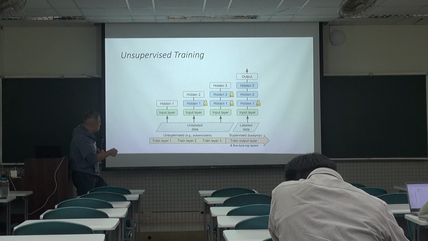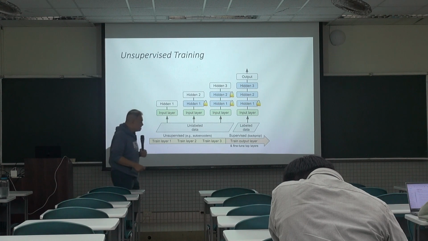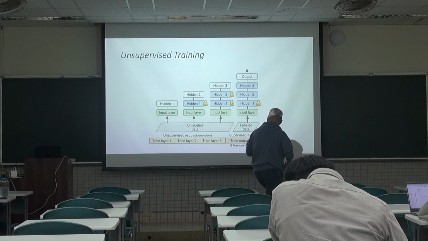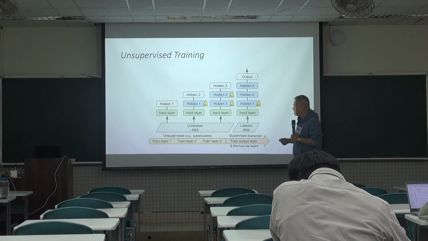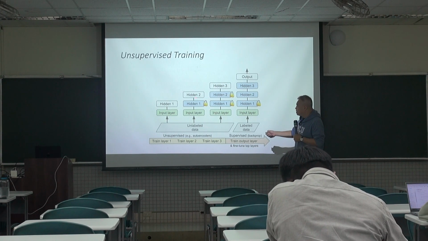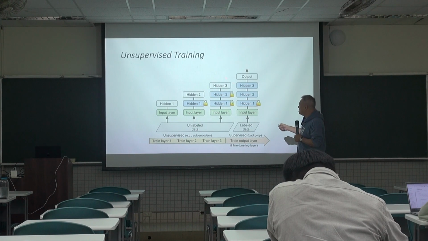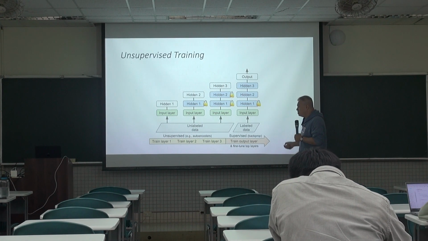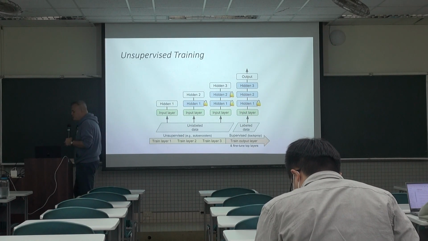After you finish training, when you move on to the second step, you freeze the layer that you just trained and add another hidden layer on top of that, and you again use a limited amount of labeled training data to train only the new hidden layer, hidden 2 here. You keep doing that to build up a deep neural network that can help you tackle a more complicated problem.